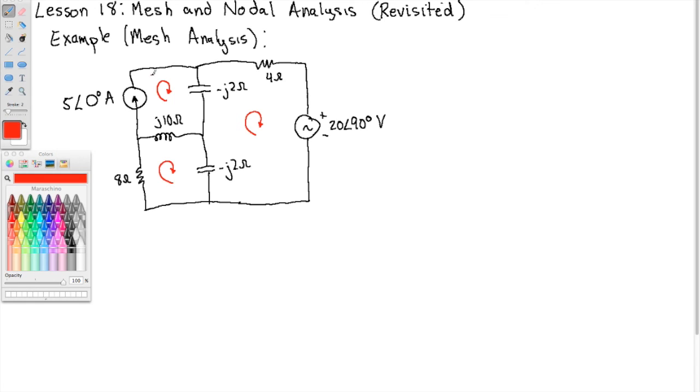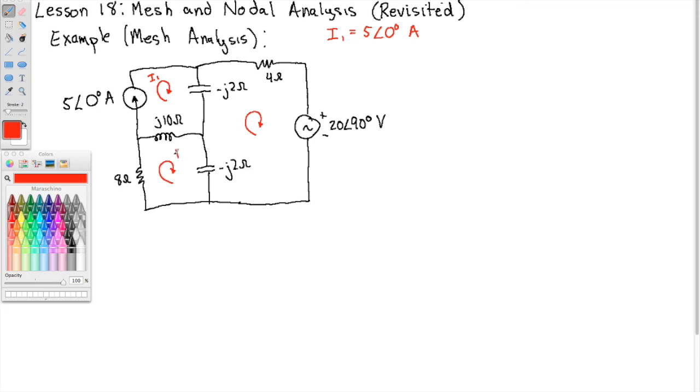So this mesh current, call it I1, because I1 is in the direction of 5 angle 0, it must be true that I1 is 5 angle 0 amps. So this current source gives us that current.